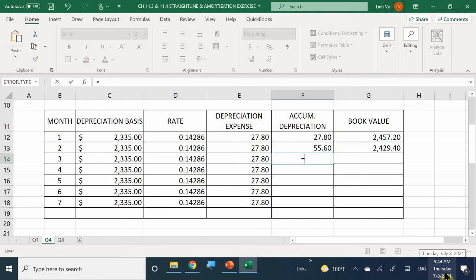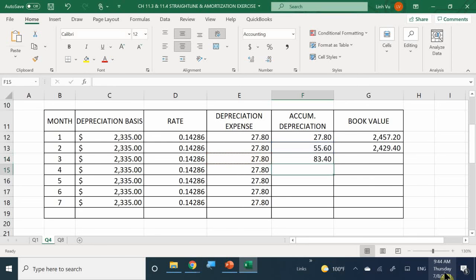So what's my accumulated depreciation for the third month? $83.40. Okay. And for the book value, I got 2401.60. Good.